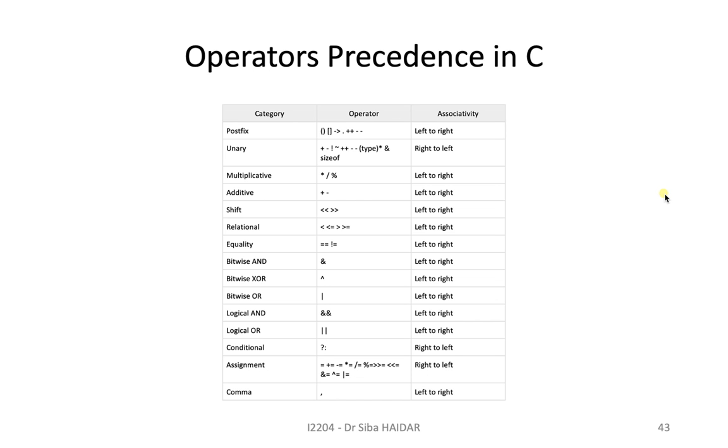In order to decide, we need to consult the table of precedences in C. We see in this table that the postfix operators ++ and -- that come after the operand have precedence over the unary operators, which are the dereference, the ampersand reference operator and all the other unary operators, and that the postfix operators are evaluated from left to right, and the unary operators are evaluated from right to left.